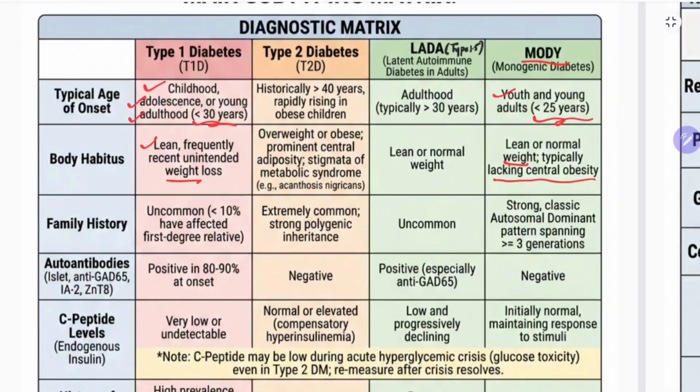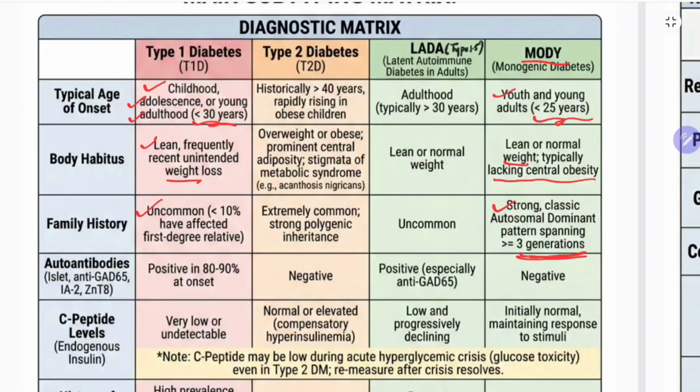Family history is uncommon in patients with type 1 diabetes mellitus. Less than 10% have an affected first degree relative. Whereas in MODY, this point is important: there is a strong classic autosomal dominant pattern spanning at least 3 generations.